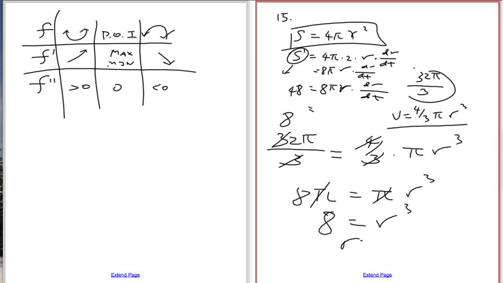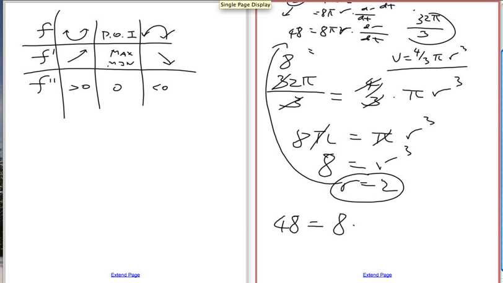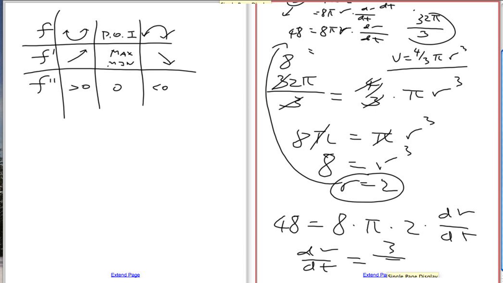Cancel. 8 equals r cubed. R equals 3. Oh, thank you. R equals 2. Because r equals 2, we plug the value back into the function. So 48 equals 8 times pi times 2 times dr dt. And dr dt would be 3 over pi, which is the answer C.